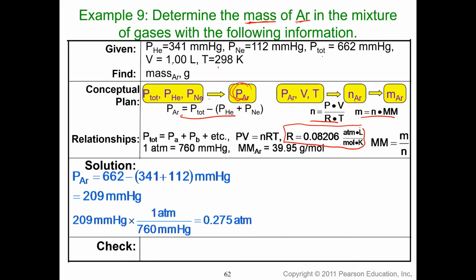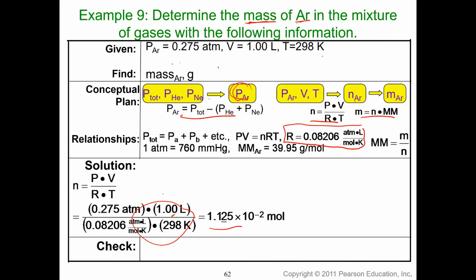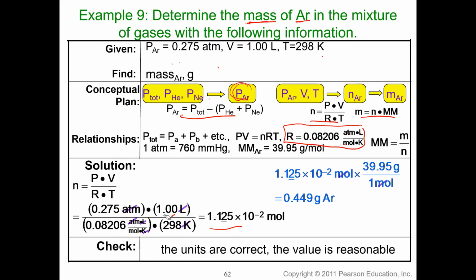So what we have in millimeters of mercury, we need to convert to atmospheres. This is a conversion factor. Then we put it in the formula and calculate the moles using the ideal gas law. Once you get the moles, convert the moles to grams using the molar mass of argon. There it goes, you have it in grams. Any questions?